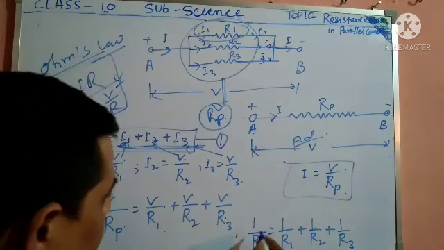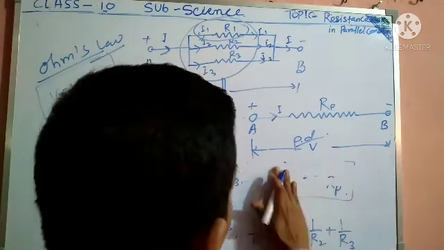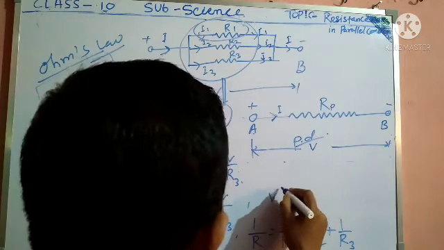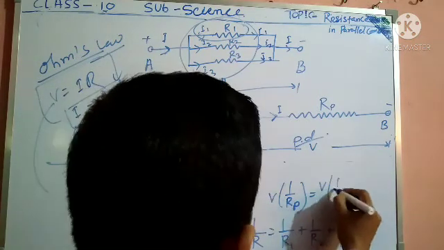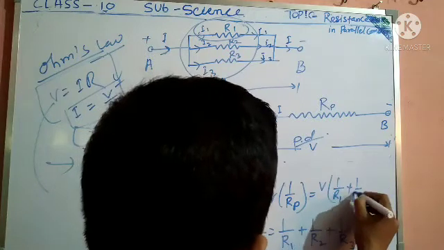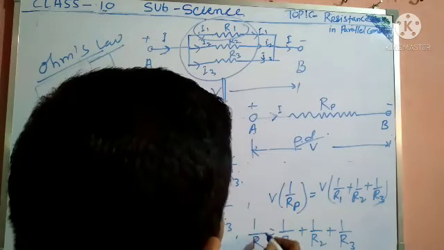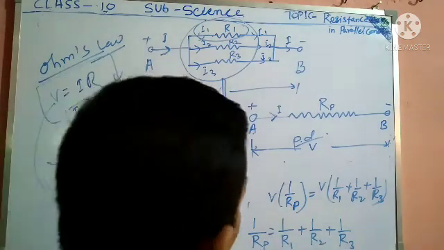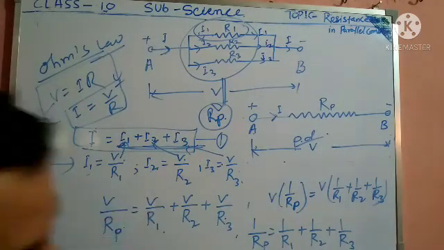V is taken outside, giving V times (1 by R1 plus 1 by R2 plus 1 by R3). So V cancels out, and 1 by RP is equal to 1 by R1 plus 1 by R2 plus 1 by R3. This is for resistances in parallel combination.